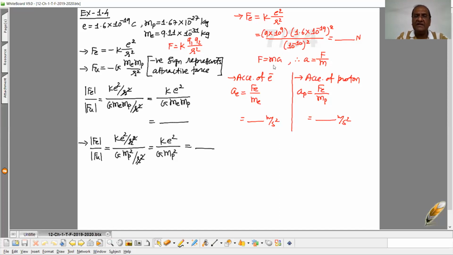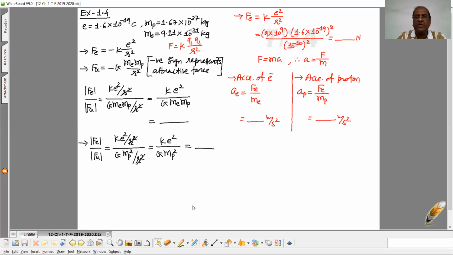Now we want to calculate the acceleration of electron and proton due to electric force. We have the equation force F equal to ma, so acceleration equals F upon m.